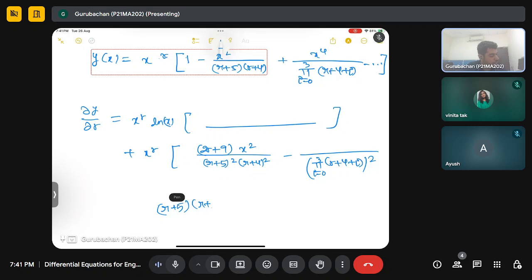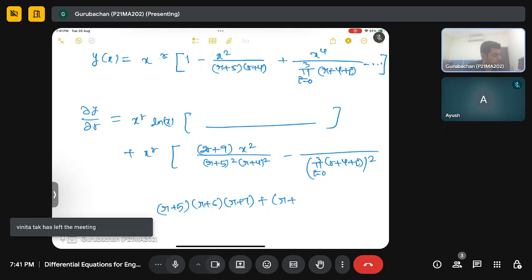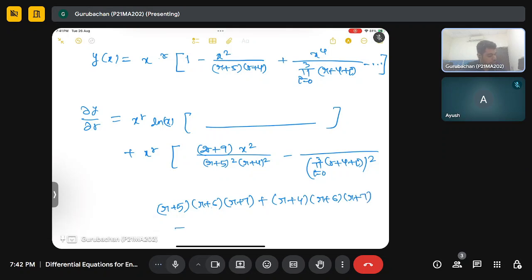or if you differentiate first term, r plus 7 plus the addition of r plus 4, r plus 6, r plus 7, and the other term will be r plus 4, r plus 5, r plus 6, and the last term will be, I think all of them done.